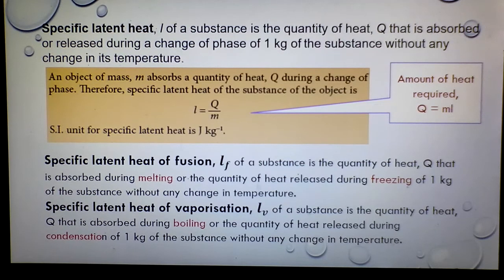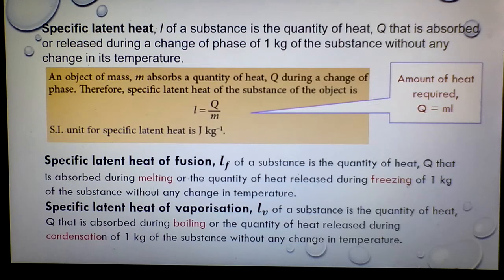Now because we have many processes involved in the change of phase, melting and freezing, or boiling and condensation, we have a special name given for the latent heat involved. The specific latent heat of fusion, lF, of a substance is the quantity of heat Q that is absorbed during melting, or the quantity of heat released during freezing of 1 kg of substance without any change in temperature.